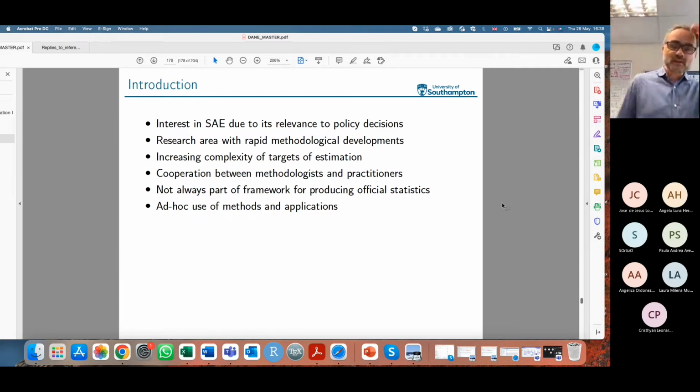And it's an area that we like and think is very productive, because it's an area that has, at least up to now, been connected with quite rapid methodological developments.